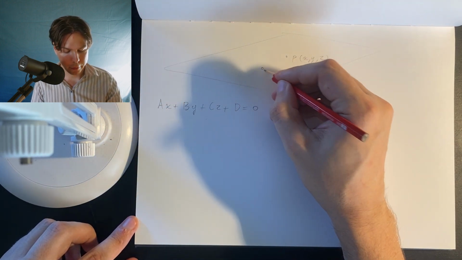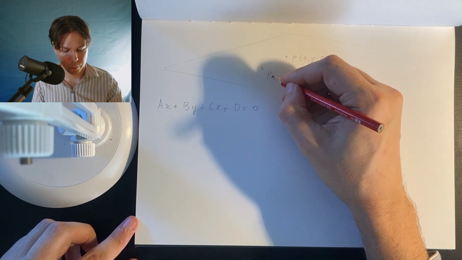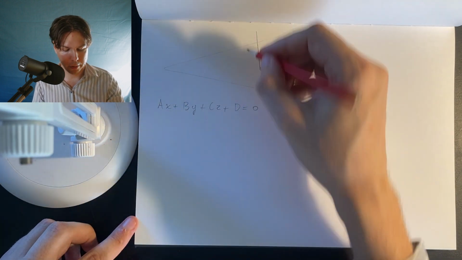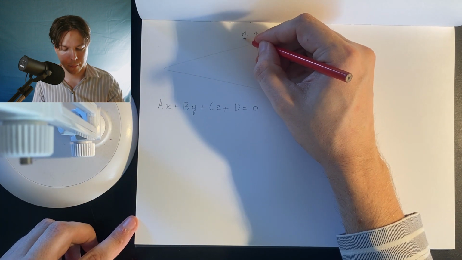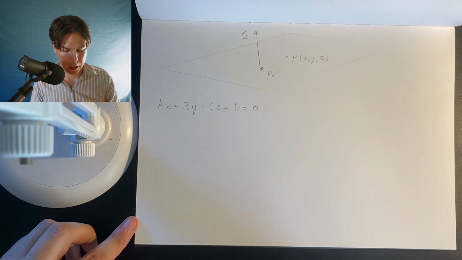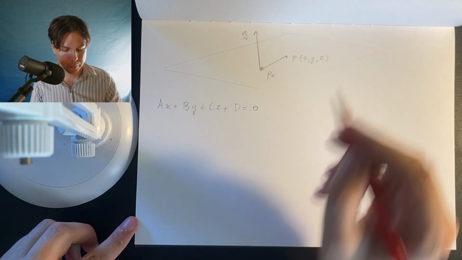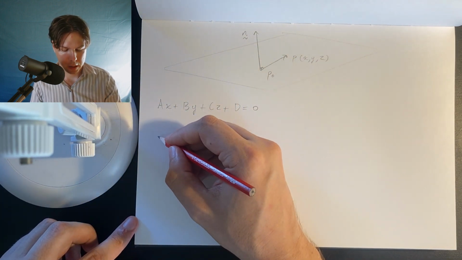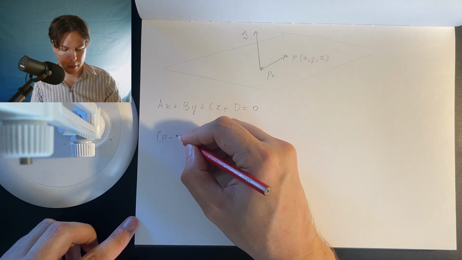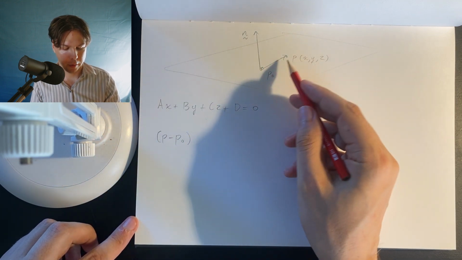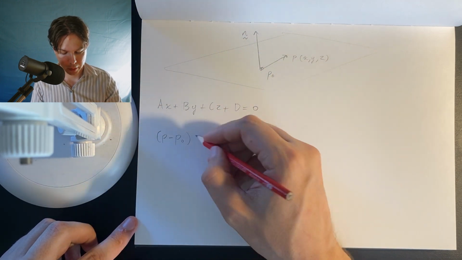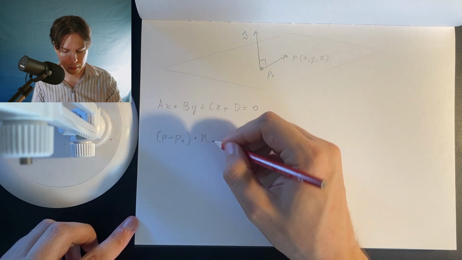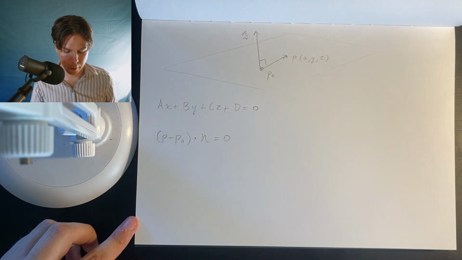So how do we get this A, B, C, and D? Well, to create a plane, we'll have two components. We'll have a point somewhere on the plane and a normal vector. Now, by definition, the direction vector from our point to a general point on the plane must be orthogonal with the normal, which means the dot product here must come out to 0.